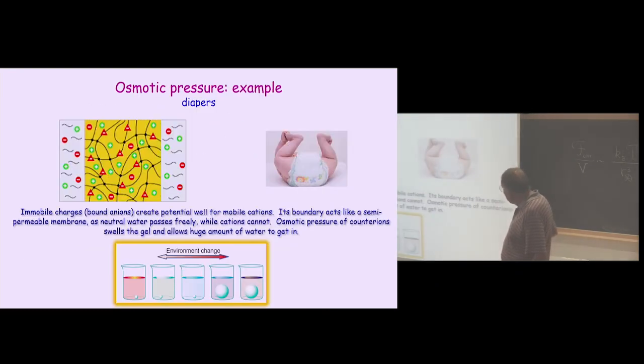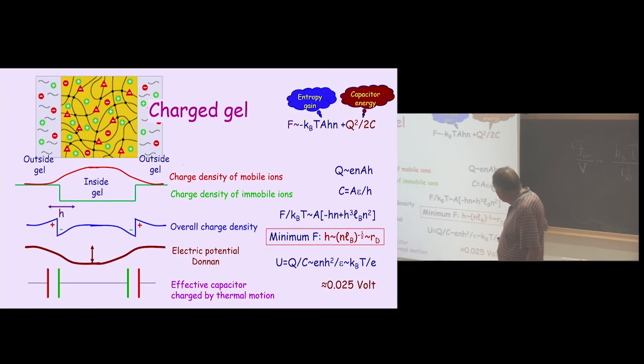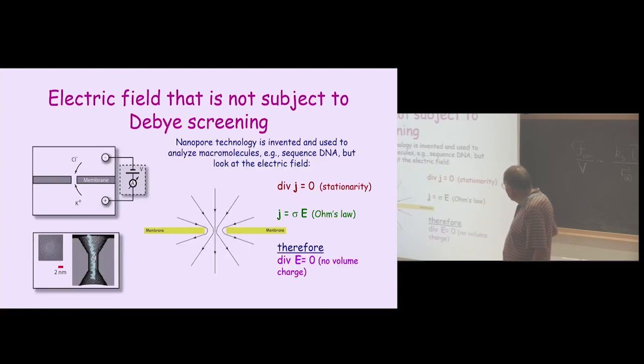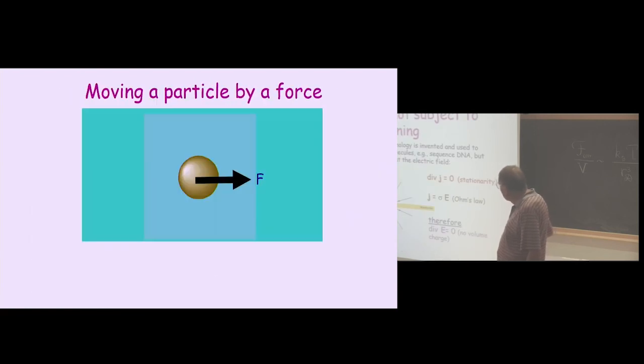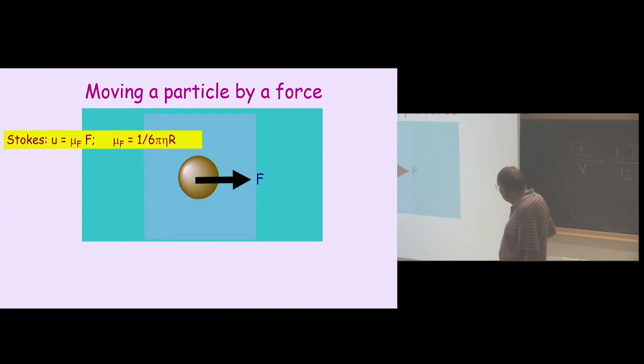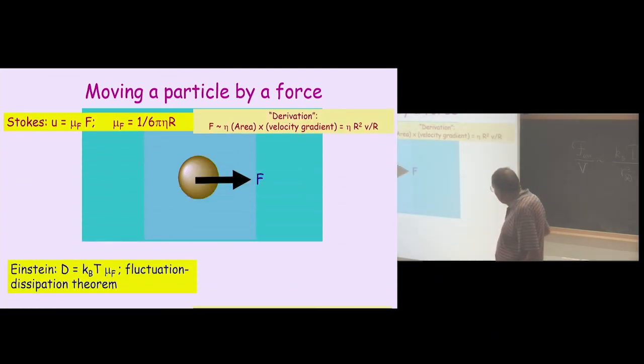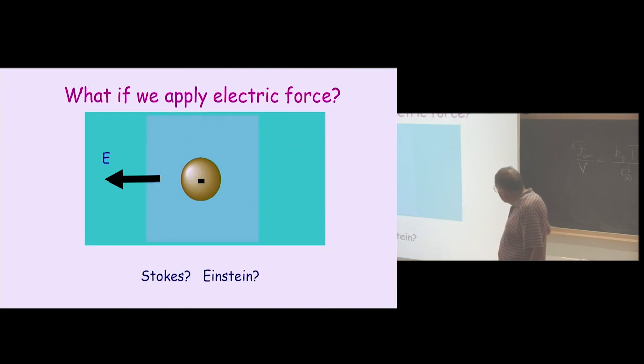And there is osmotic pressure, which I promised to talk about, and I don't have time. And there are many other things, and mean field, and there is also the story of moving charge by the electric force and violation of the Einstein relation.